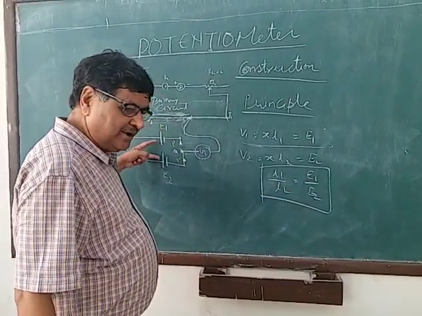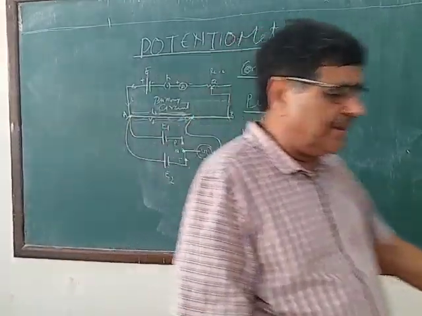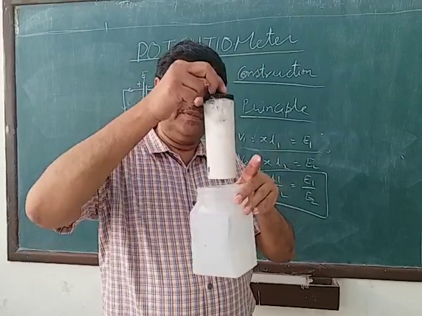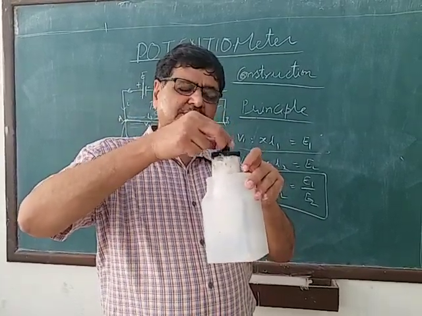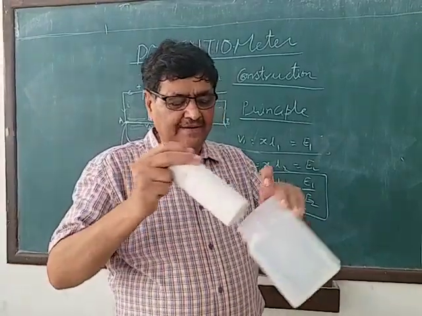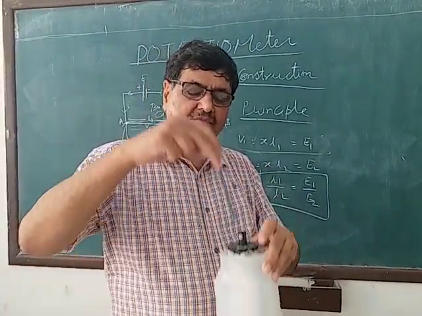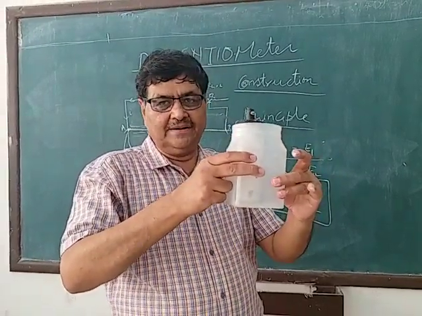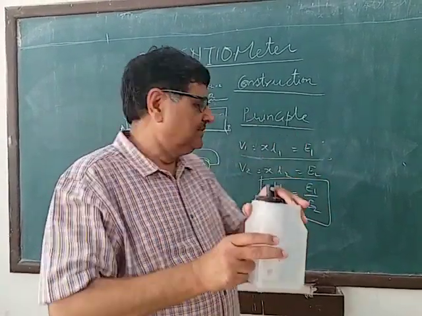What kind of cells are these two cells? Normally we take primary cells. This is the Leclanché cell. This is the positive terminal of the Leclanché cell, and inside there is a zinc rod, which is the negative terminal. We take ammonium chloride solution inside it. So this becomes one cell.